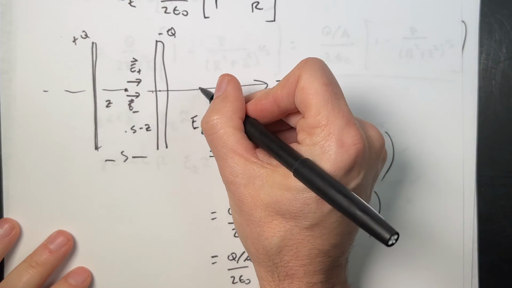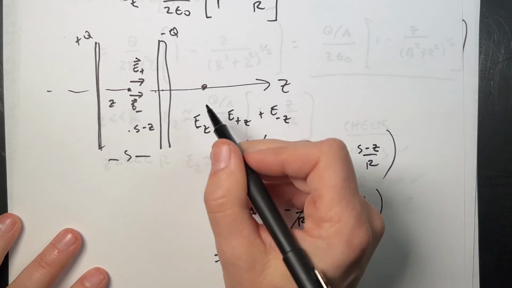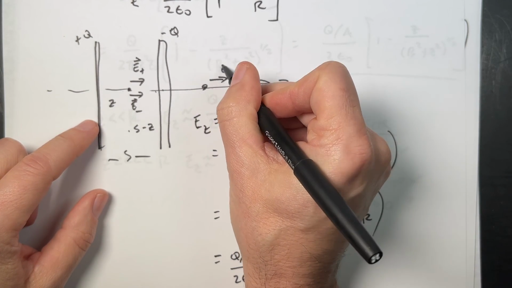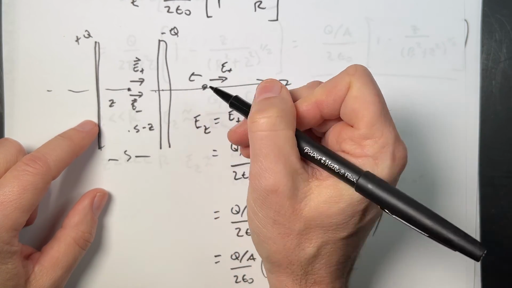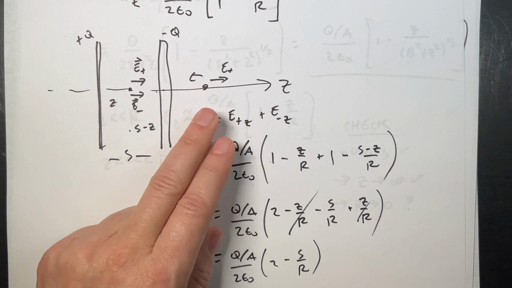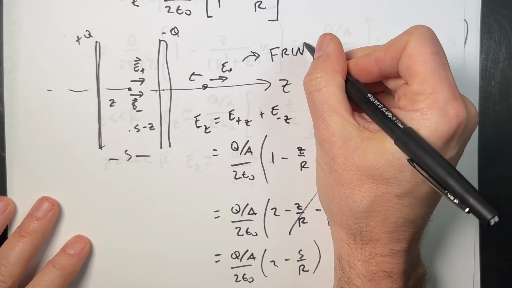But here, if I'm outside over here, they do not cancel, right? The electric field is not zero, because over here I have E plus, E minus is now that way, and E minus is going to be greater than E plus, so they're not going to cancel, and that's called the fringe field, and we'll talk about that later.